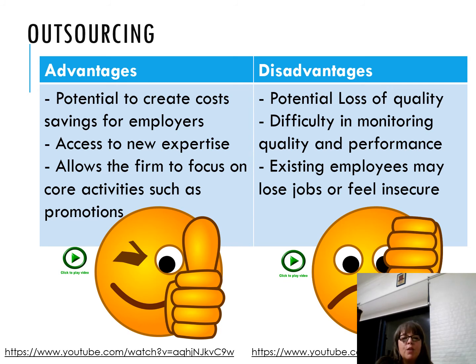It also allows the firm to focus on core activities, for example, promotions, rather than on something that's not their strong suit. So Coles is a business that's in the business of doing food stuff, I suppose. Financial accounting is not necessarily their strong point, so rather than spend their resources getting that happening, they outsource payroll to an accounting firm whose business it is to deal with numbers.